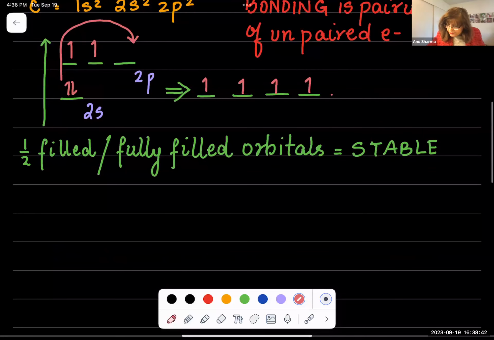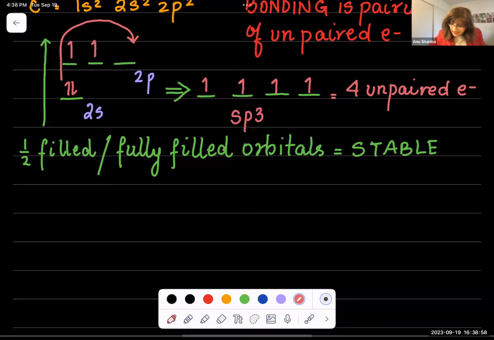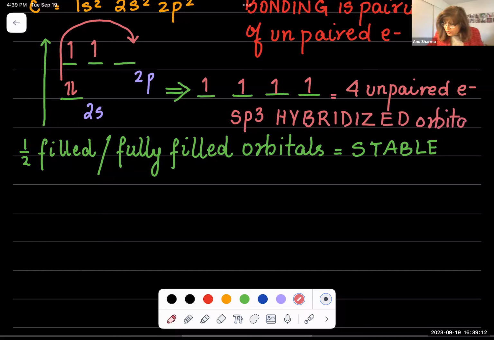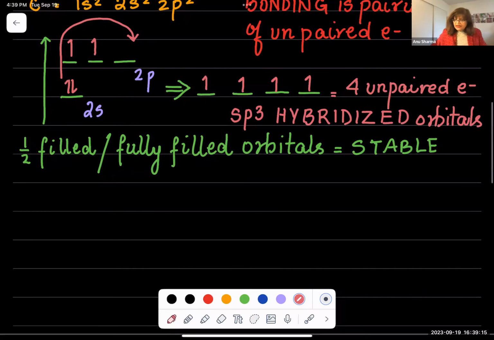These 4 unpaired electrons make carbon tetravalent, and these electrons need pairing. So these are now sp3 hybridized orbitals, and these hybridized orbitals have the same energy.